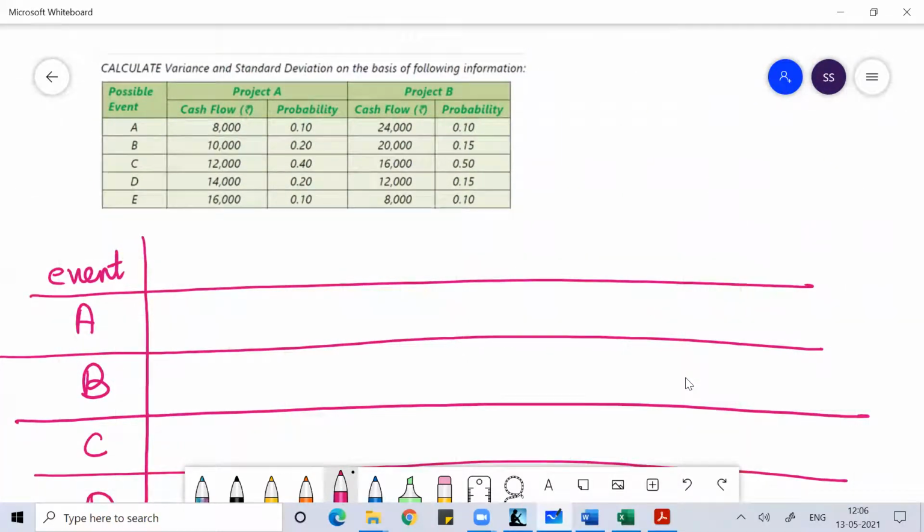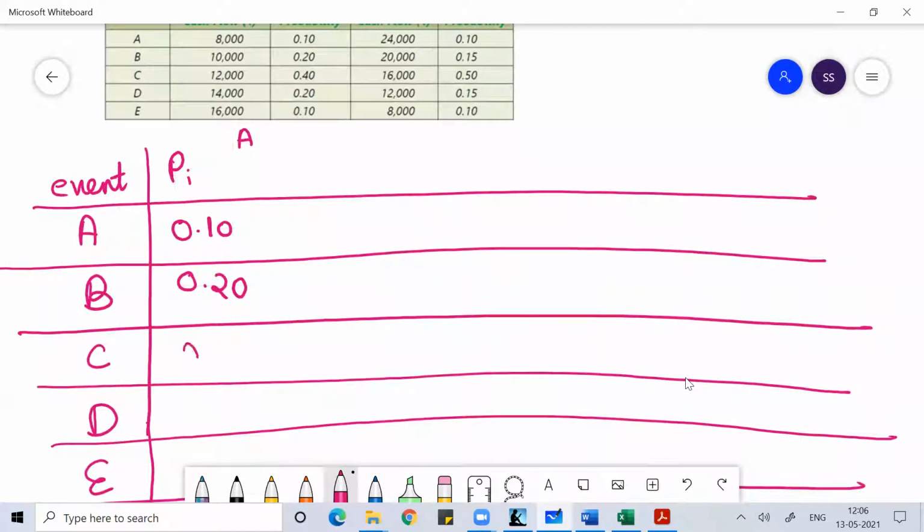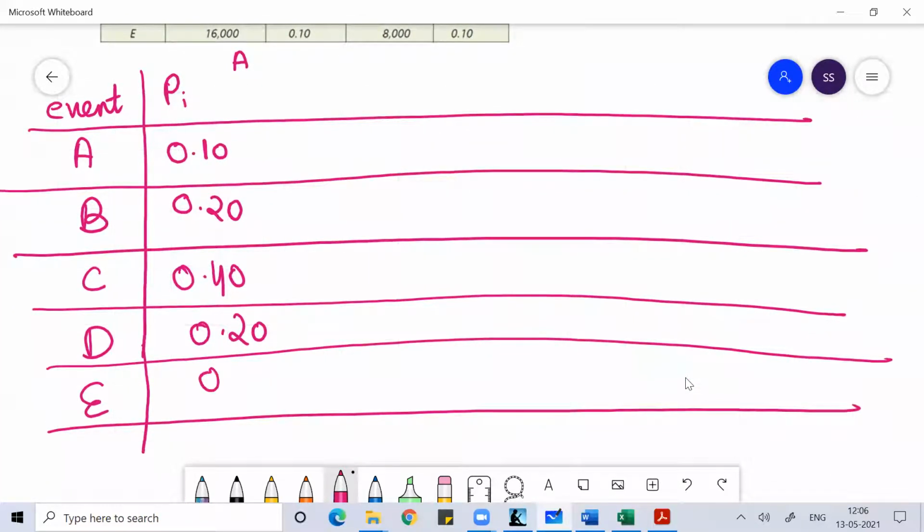Cash flows, probability. Event A has probability 0.10, then 0.20, then 0.40, 0.40, then 0.20, then 0.10. Probability is given.